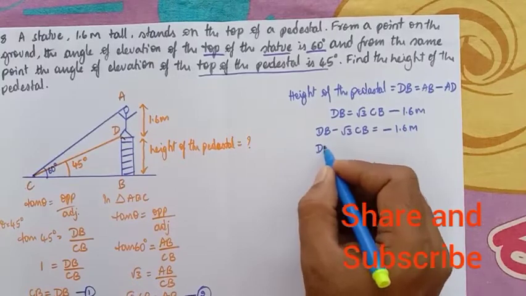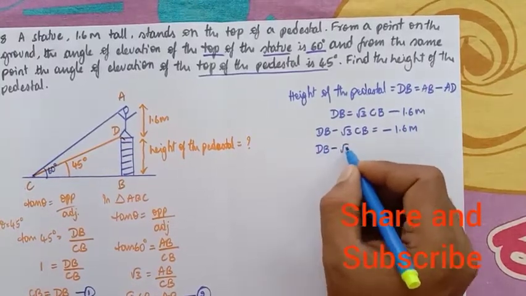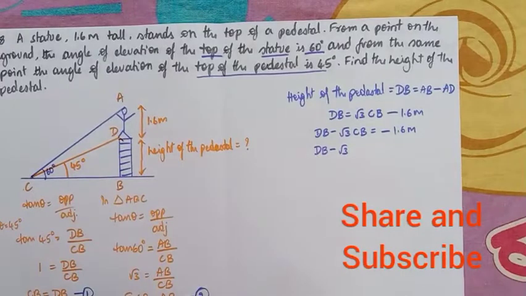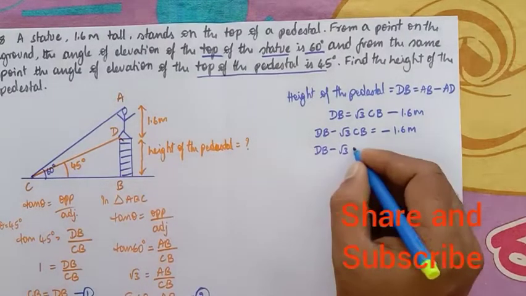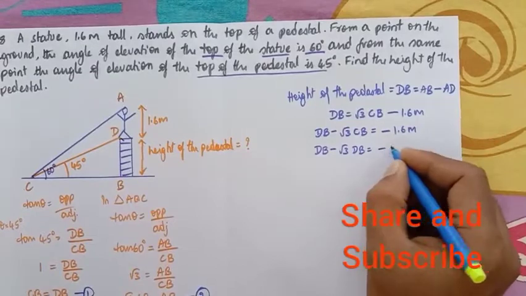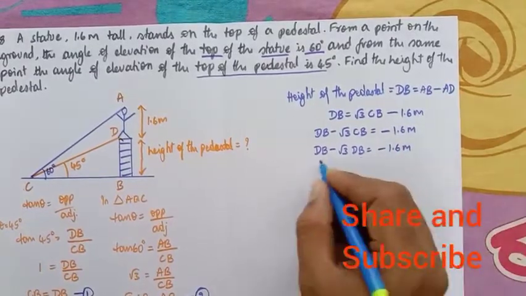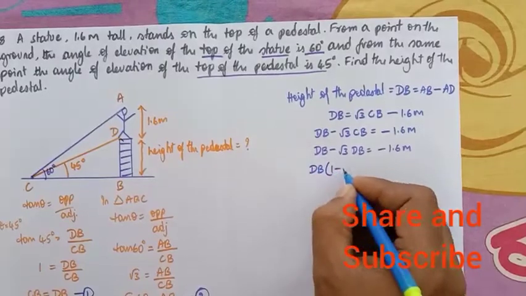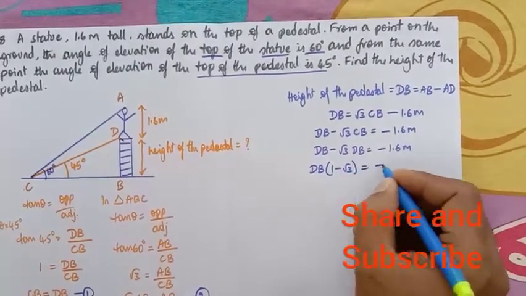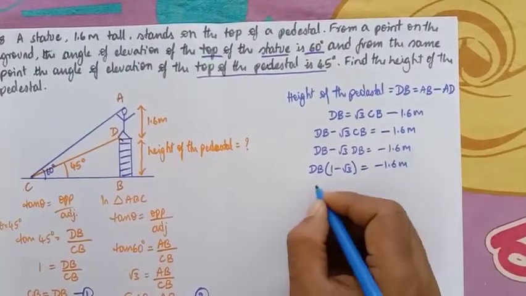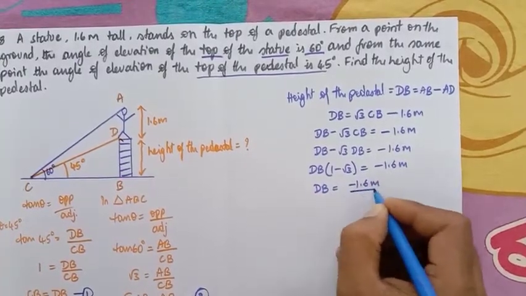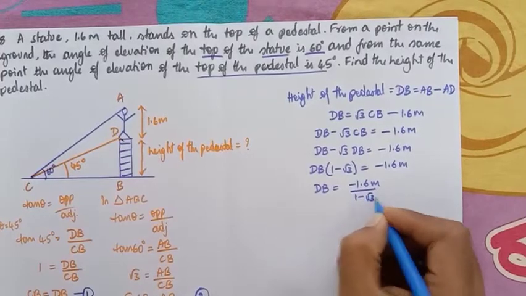So DB minus root 3 DB is equal to minus 1.6 meter. We will take the common DB. What remains is 1 minus root 3, equal to minus 1.6 meter. So DB is equal to minus 1.6 meter by 1 minus root 3.